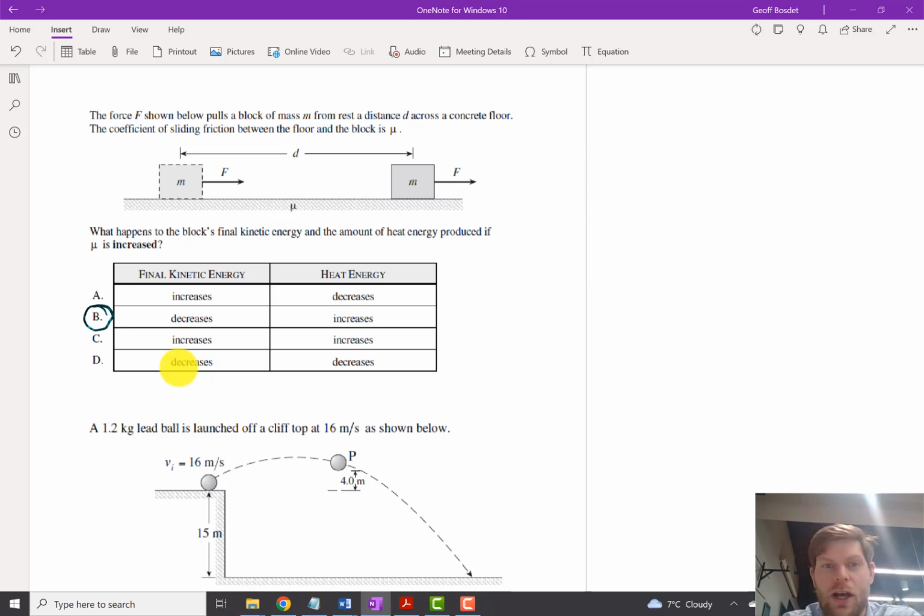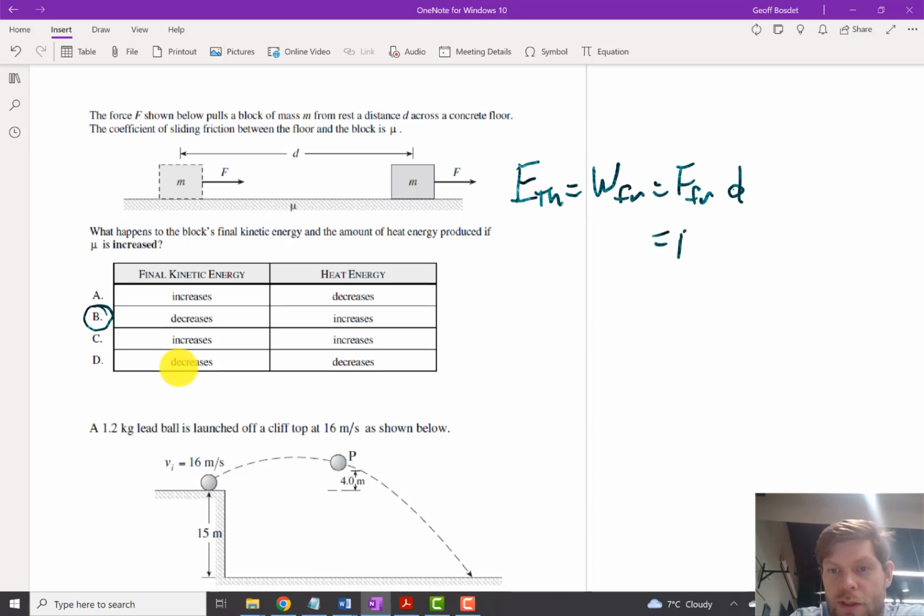But if it's not, if you want a full-on logical explanation, bigger mu is bigger force of friction. Heat is work done by friction. Work of friction is equal to force of friction times distance, which in this case is mu mg times d, because gravity is equal and opposite to normal force. All of this stayed the same.